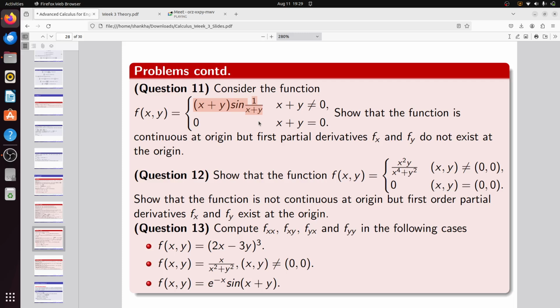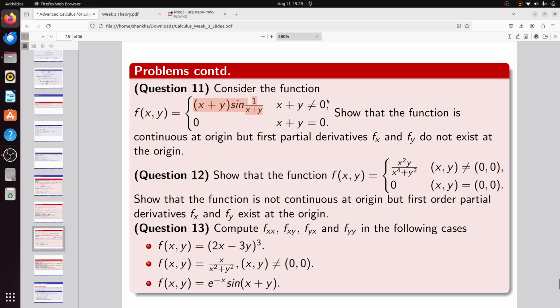You just need to determine limit h tends to 0 f of h comma 0 minus f00 divided by h. So this h sin 1 by h minus 0 divided by h will be sin 1 by h, and as h tends to 0, sin 1 by h oscillates around 0.